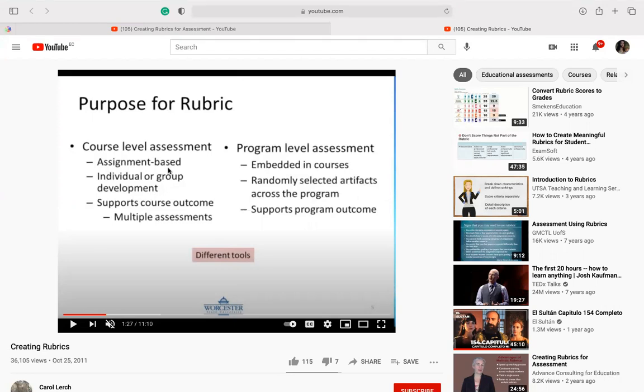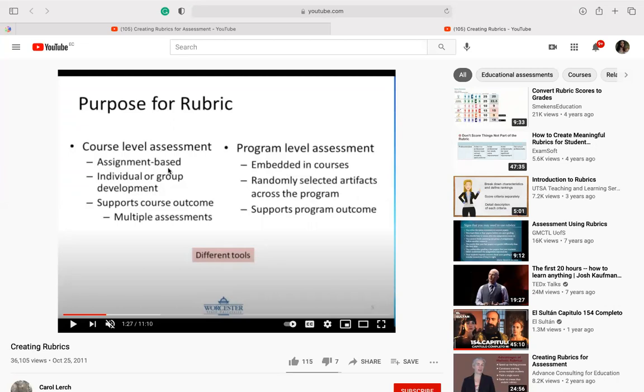For example, a course level assessment could be a writing activity or a speaking activity. You use a rubric to grade those. And a program level assessment could be a final project, something that compiles the content of what has been seen during the course.